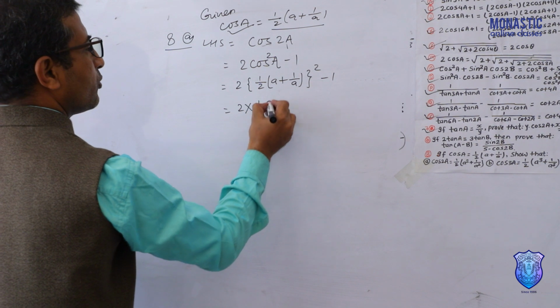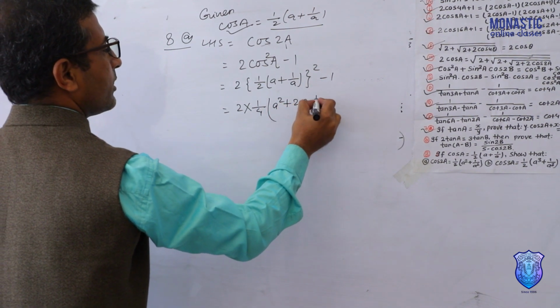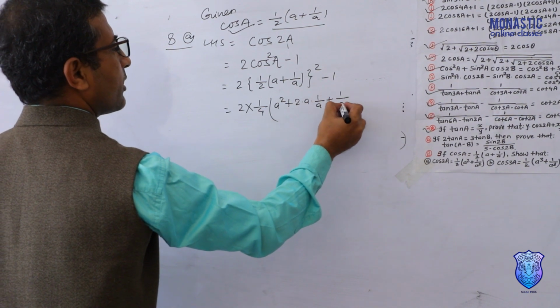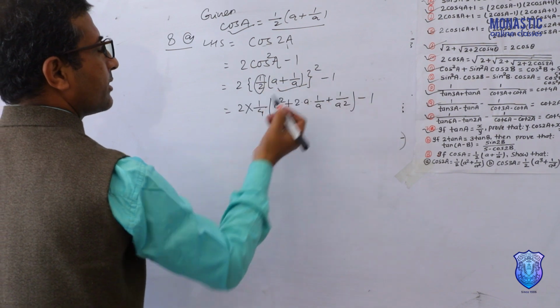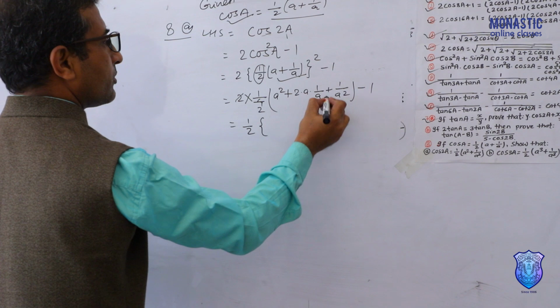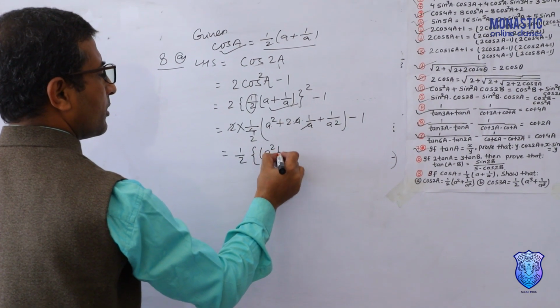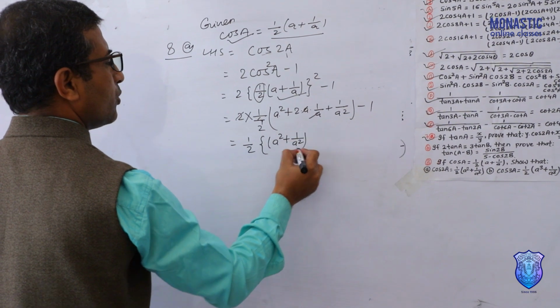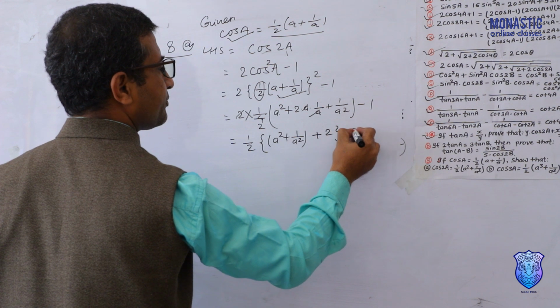1 by 2 squared is 1 by 4. And a square plus 2ab plus b square. We have written the square of this and this both. 1 by 2. We want the result this, so making a group of a square plus 1 by a square plus 2.